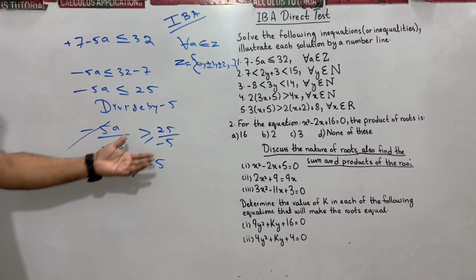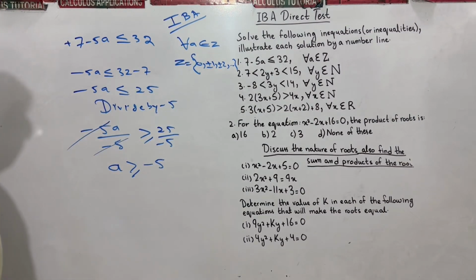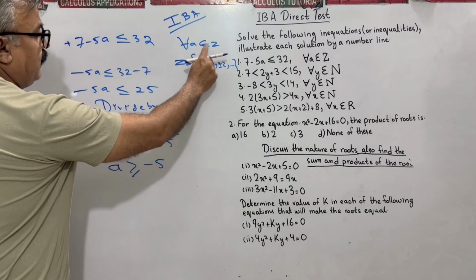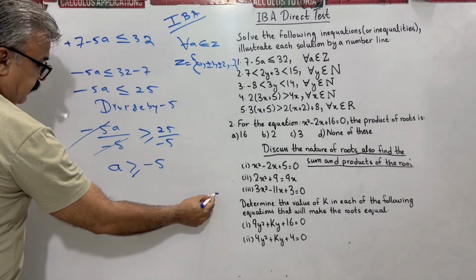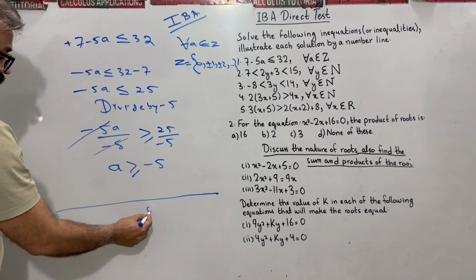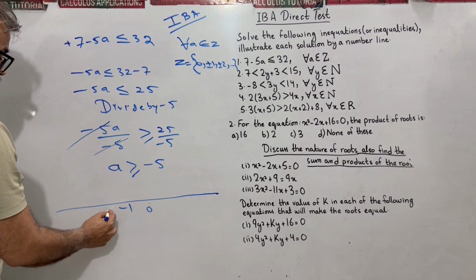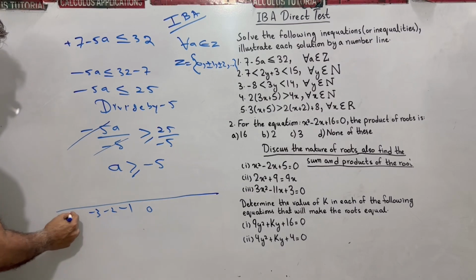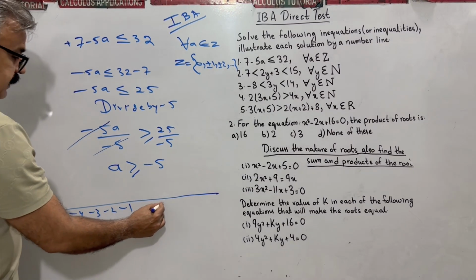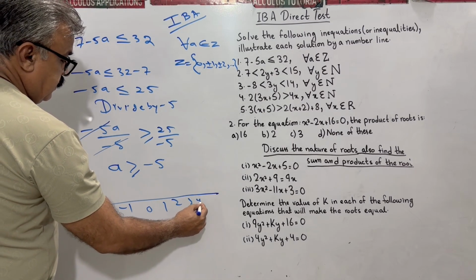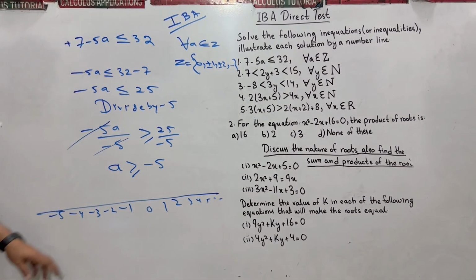Now the game starts. What is the significance of this? It is mentioned that A belongs to Z. Draw a line: 0, minus 1, minus 2, minus 3, minus 4, minus 5, and 1, 2, 3, 4, 5, and so on.